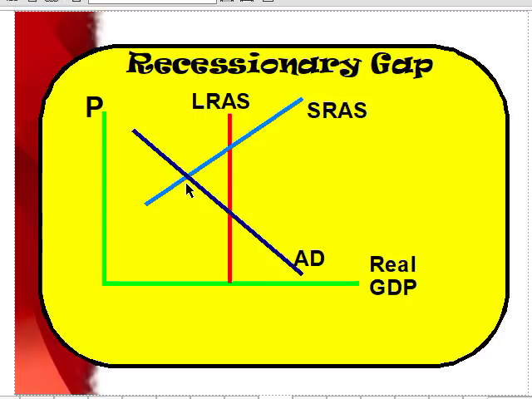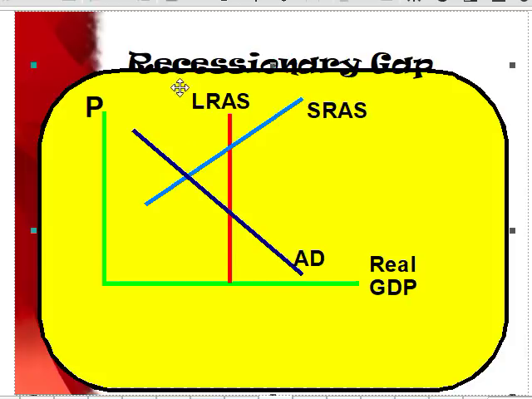So the economy is at that point where the blue and purple lines meet, which is to the left of LRAS, which means we have a recessionary gap. So our economy right now looks something like this picture up here, where equilibrium is here, which is to the left of the LRAS. Okay?